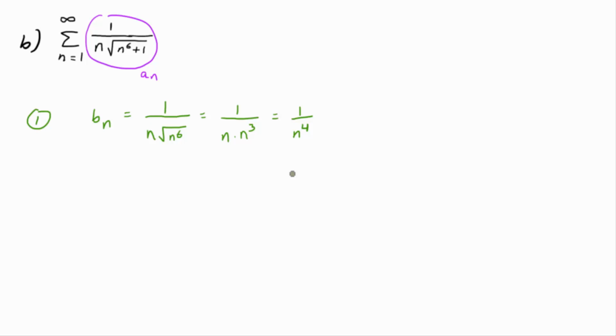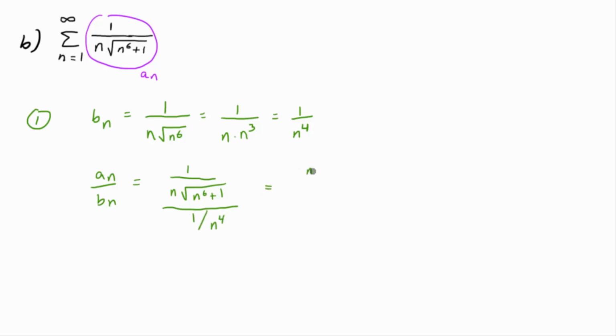We want to construct a_n over b_n. So let's do that. a_n over b_n is the original nth term, 1 over n times the square root of n to the 6th plus 1, over 1 over n to the 4th.